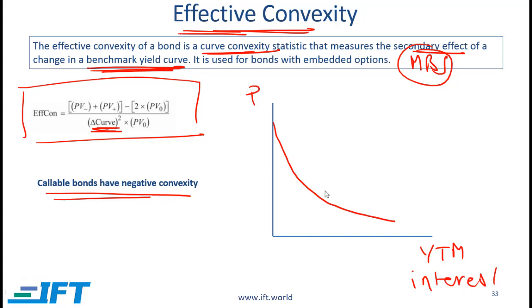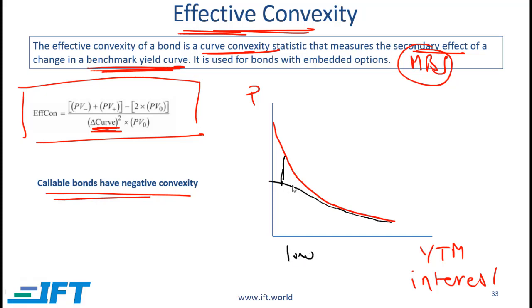We've seen this before, and I will draw a callable bond in a different color. At high interest rates, the price of a callable bond will be fairly similar to the price of a non-callable bond. But as interest rates decrease, the value of the callable bond will diverge from the value of a straight bond because the bond is likely to be called at low interest rates.